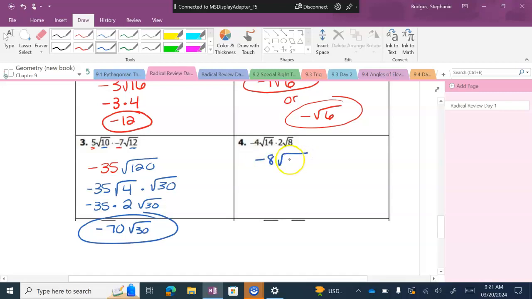And then 14 times 8 is 112. Okay. What perfect square goes into 112? 16, how many times? Okay. Keeping the negative 8. What is the square root of 16? 4. And negative 8 times 4 is negative 32, square root of 7.